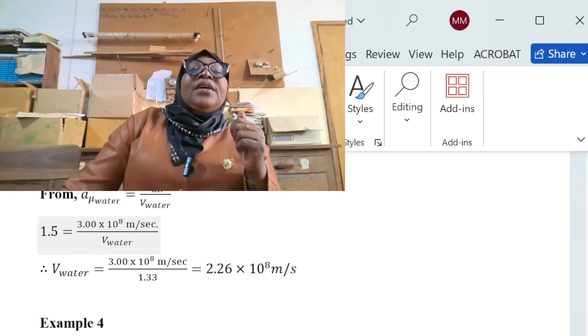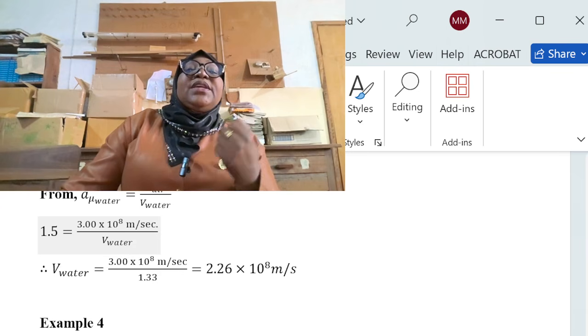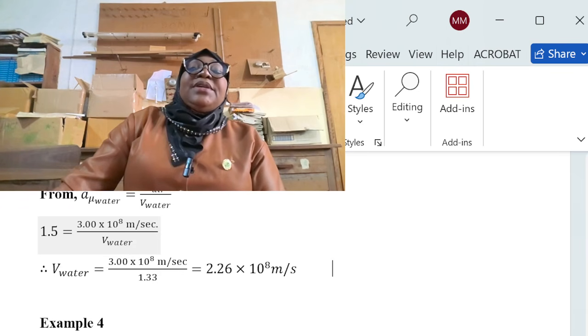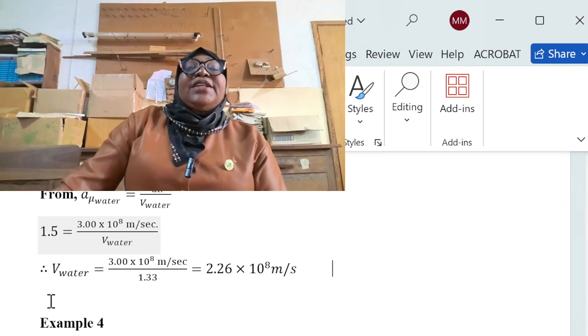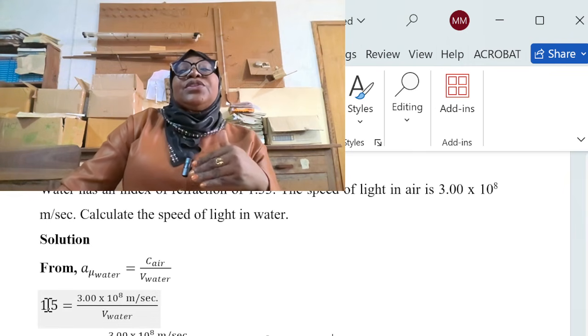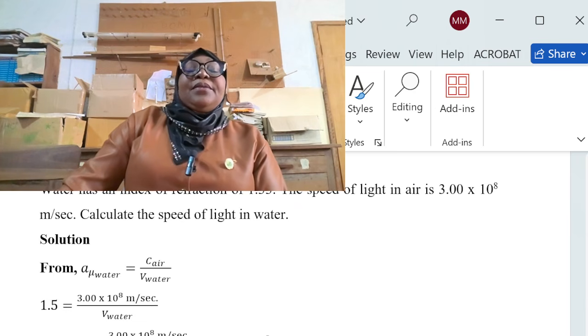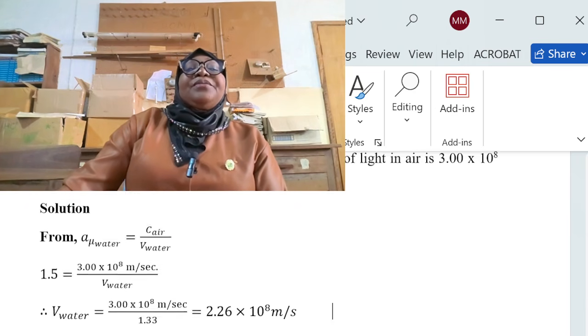The result is 2.26 times 10 to the power 8 meters per second. As you can see, the speed of light in water is less than the speed of light in air, which means that the light slows down and bends when it enters that medium.